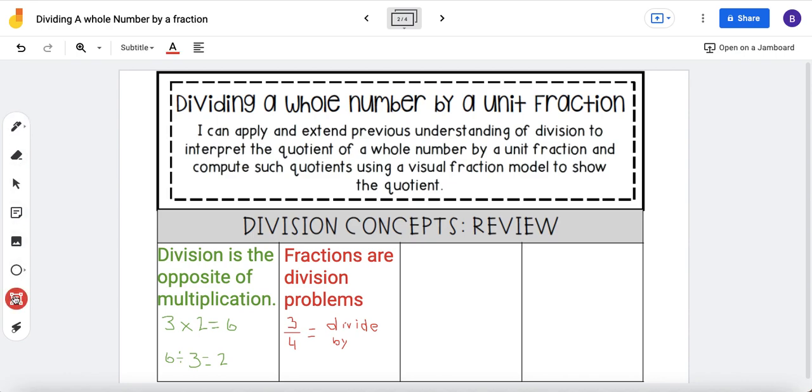The next part is an important one. When we are dividing, it breaks numbers into groups or parts.